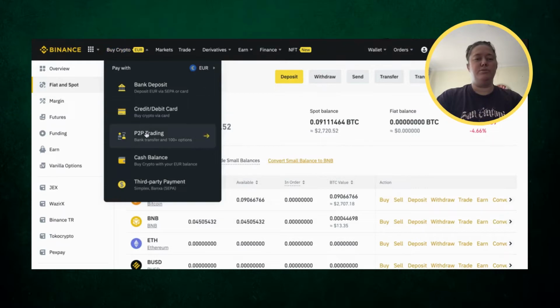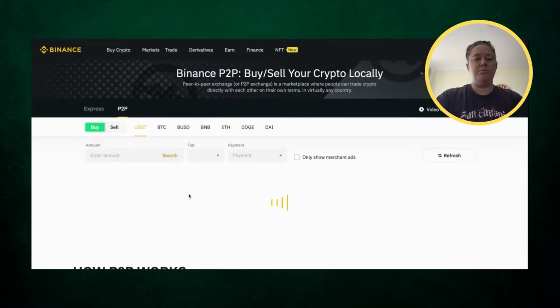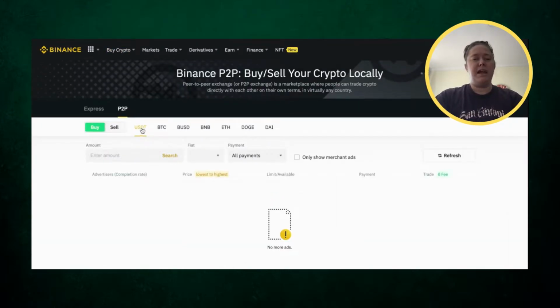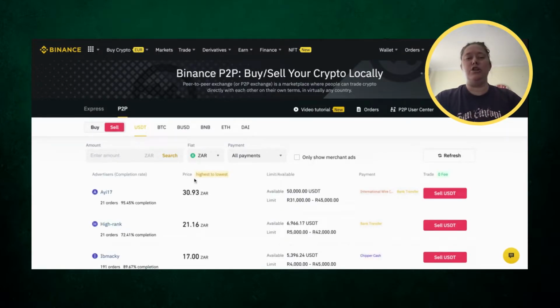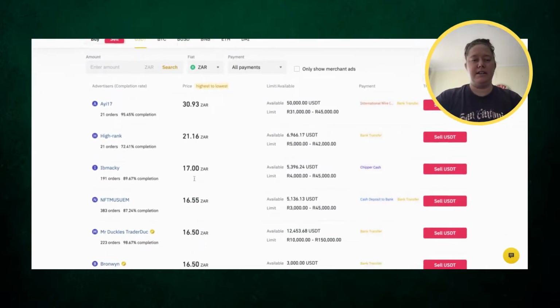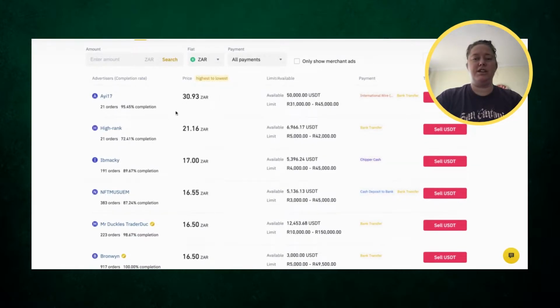From there, you go to buy crypto, click on person-to-person trading, and whatever crypto you have moved into your funding wallet, you will then use to sell towards a fiat currency. And guys, this is a really, really great thing if you are going to be moving some bulk cryptocurrency.